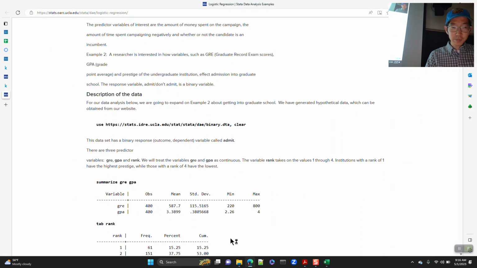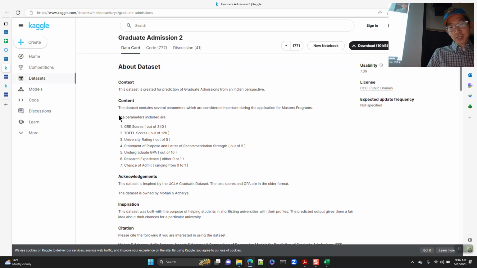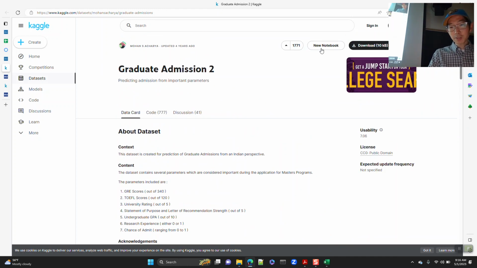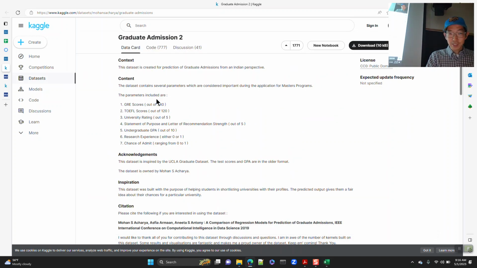And so again, as you're exploring these things, some of them look kind of good, and this is a very popular data set. It had received 1,700 upvotes, which is some measure of popularity on Kaggle data sets. But again, what is the meaning of this in terms of how the data was collected?